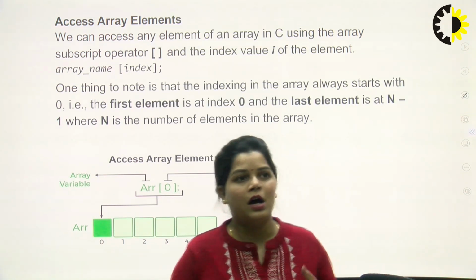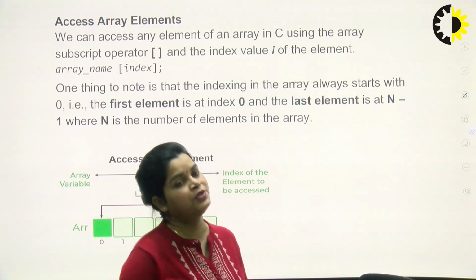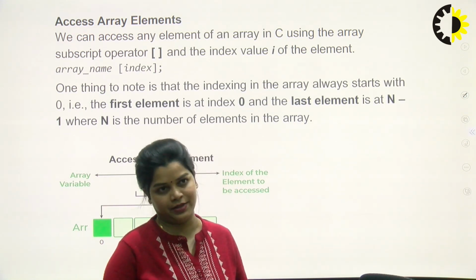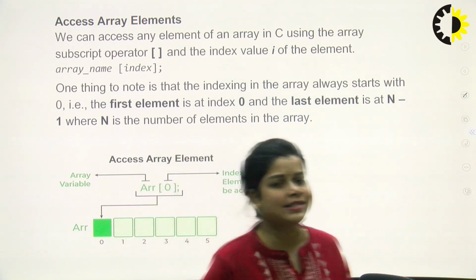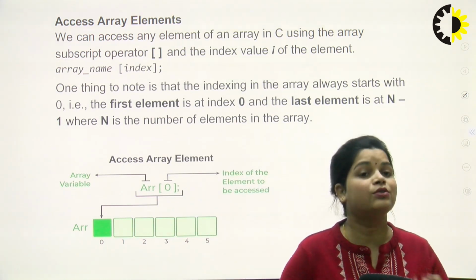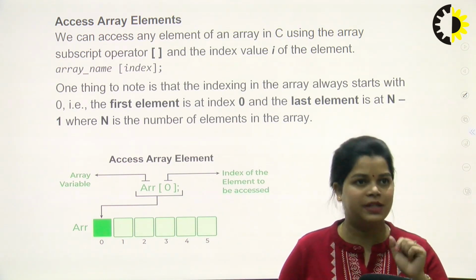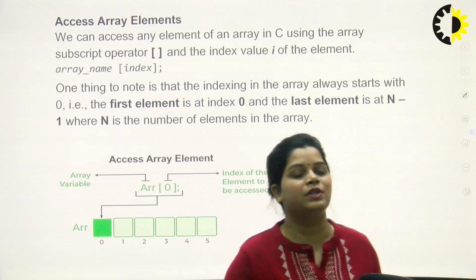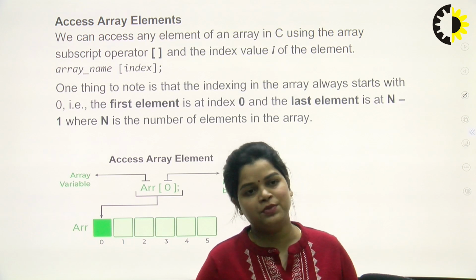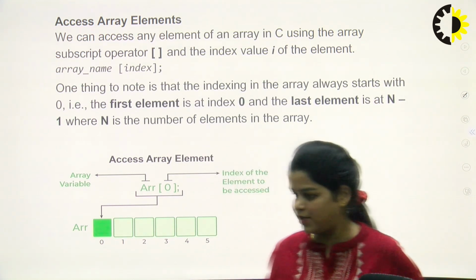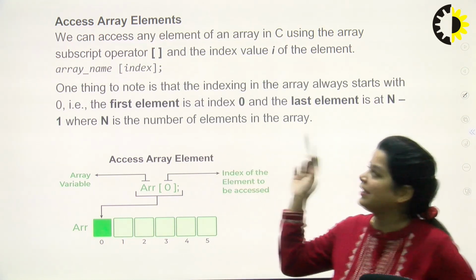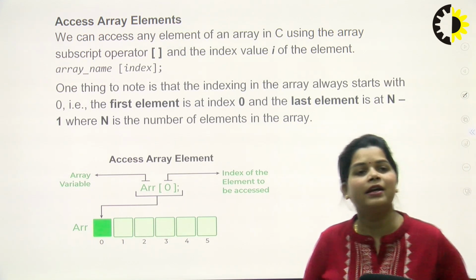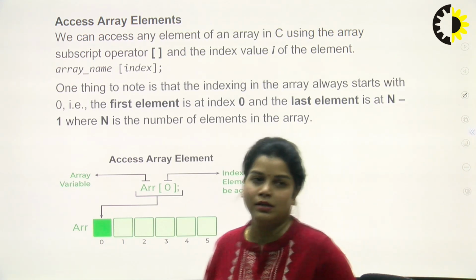Now let's see how we access those elements which we have previously entered into an array, right? What is access? It means to get those elements which we have entered in an array structure. An array is one of the data structures in which we enter elements. We can access any element of an array.